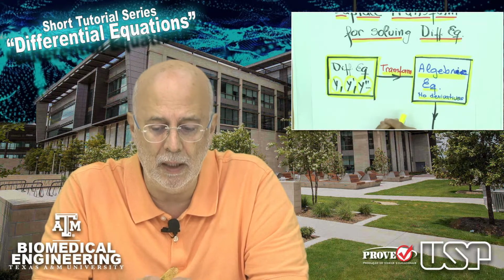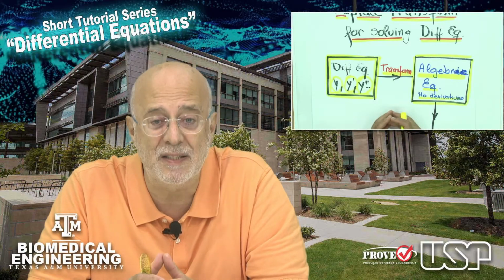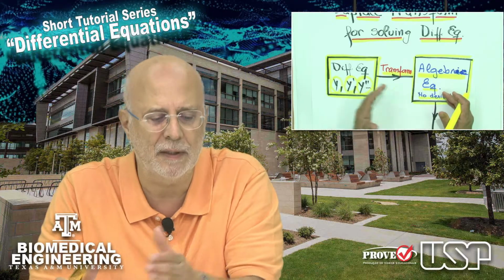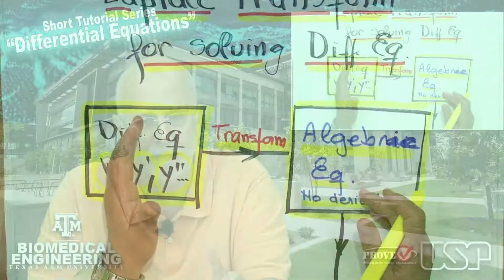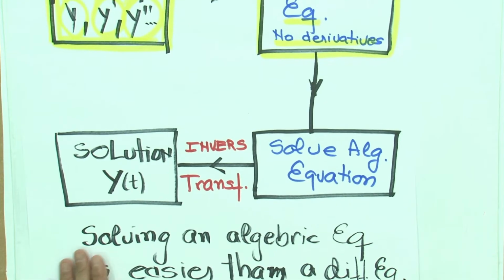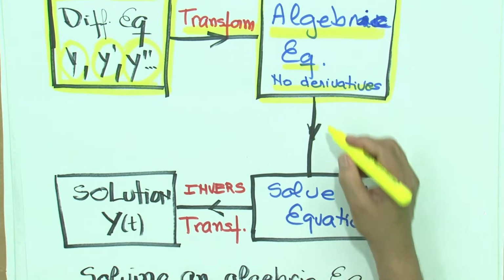And it works because we simplify. It's much easier to solve an algebraic equation than to solve a differential equation. If we can make this transformation, we already simplify, because now what we do, we solve this algebraic equation.